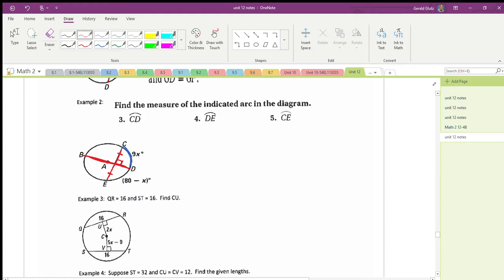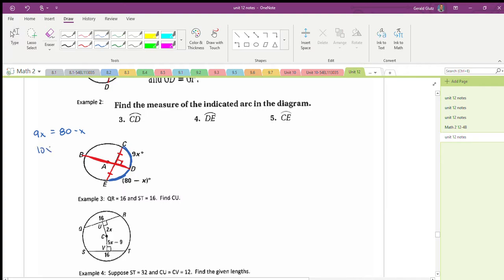That also tells me that each of these blue arcs are congruent as well. So that means 9x, let me do it over here, has to be equal to 80 minus x.